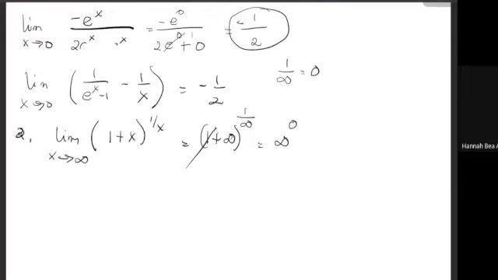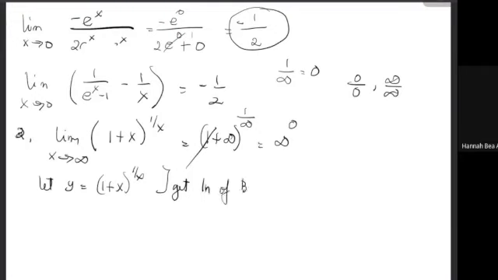So what we're going to do, because this is not 0 over 0, nor is it infinity over infinity, we let y be equal to (1 plus x) raised to 1 over x. And then we get ln of both sides. So ln of y is equal to ln of (1 plus x) raised to 1 over x.